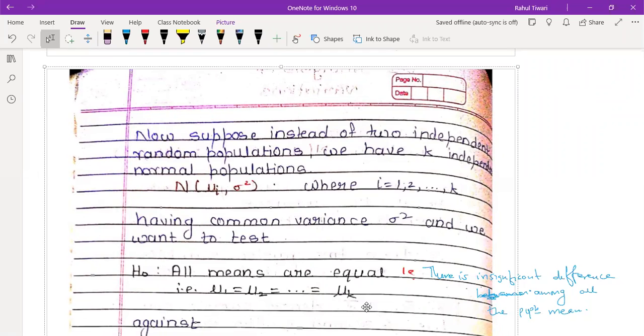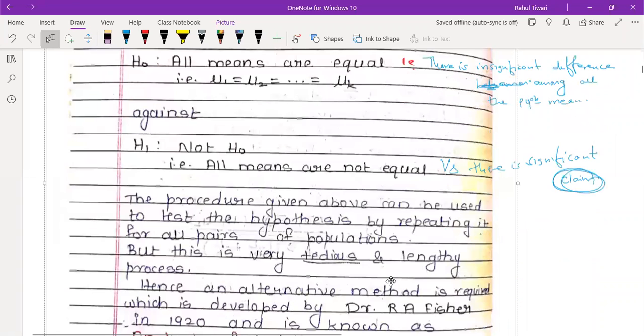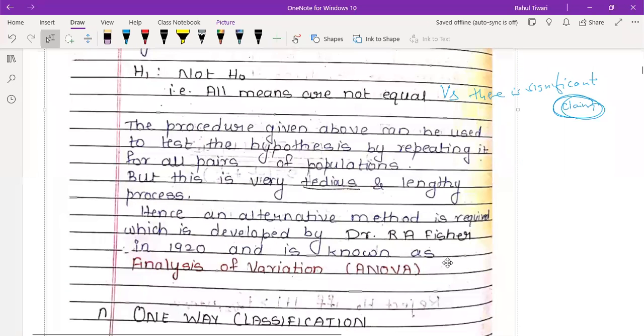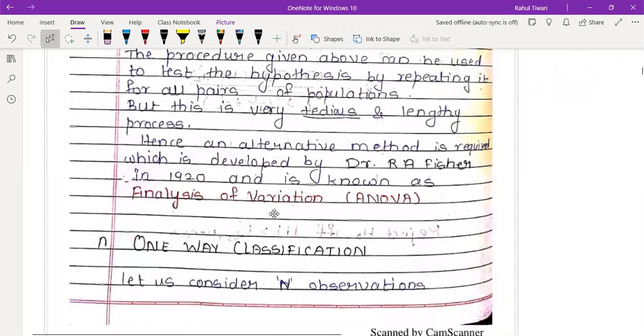But think how many times you're going to repeat it. This method is going to be a very tedious and lengthy process. The alternative to this was given by R. A. Fisher, a technique called analysis of variance, or ANOVA.